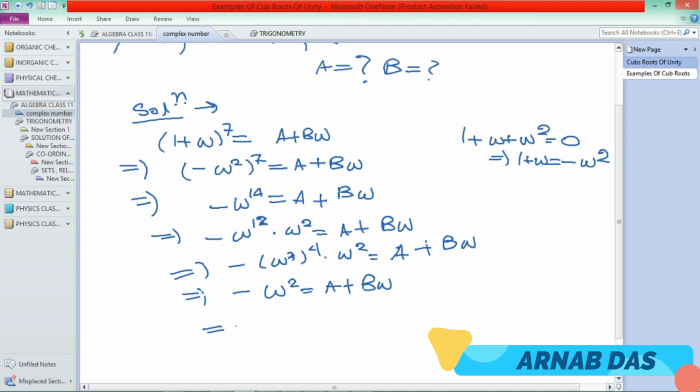Minus omega square is also written as 1 plus omega, and this equals a plus b omega.